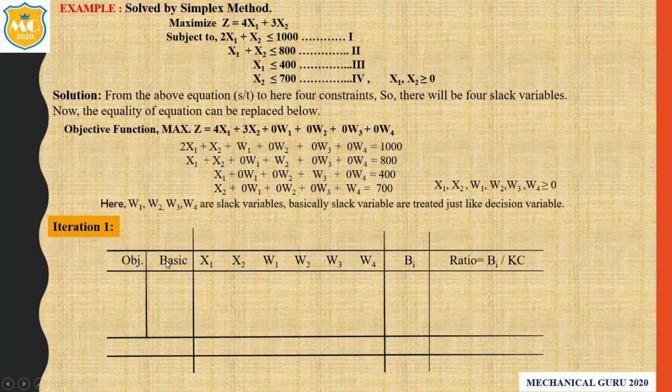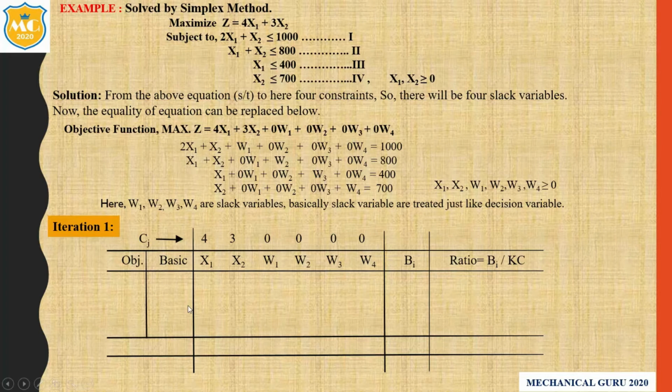Here: objective, basic variable, then the objective function coefficients, all the variables x1, x2, w1, w2, w3 and w4, the right hand side constant, that is bi, the resource value, and last the ratio bi by the key column. First we write down the Cj, that is the profit coefficients: 4, 3, 0, 0, 0, 0.